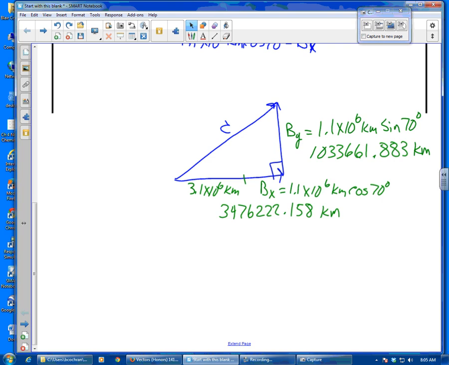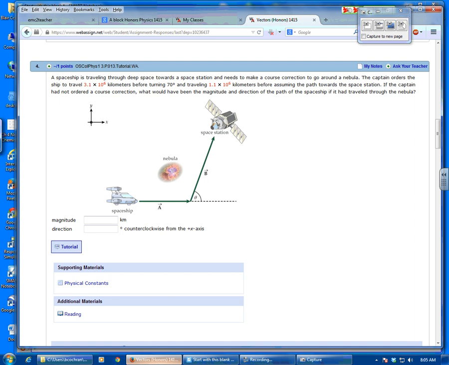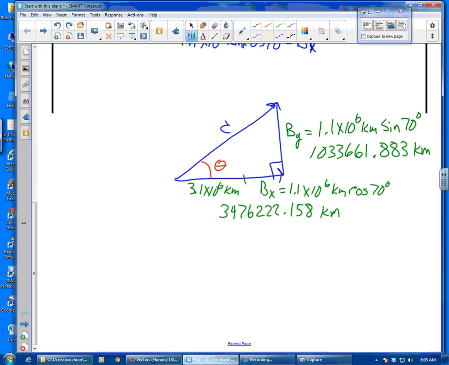So the things I want to find out about this triangle: I want to find this angle, because that's what it asked me for. It says direction counterclockwise from the x-axis. So here's the x-axis, horizontal here. Counterclockwise would be theta, that angle. So I want to find this angle, and I want to find this length of C. Okay?